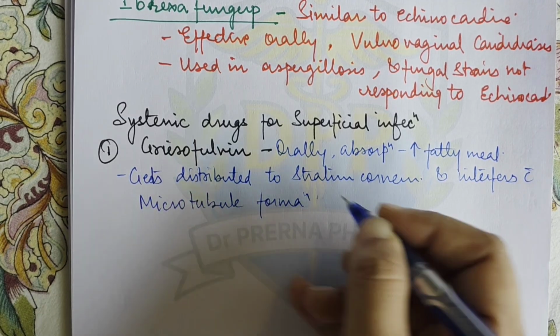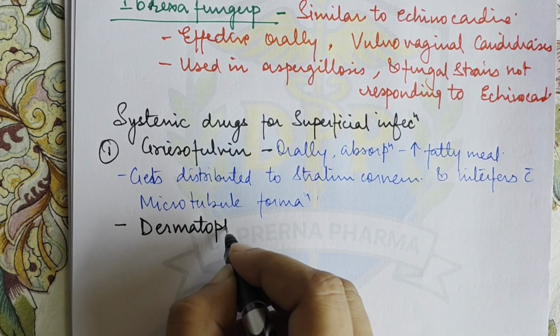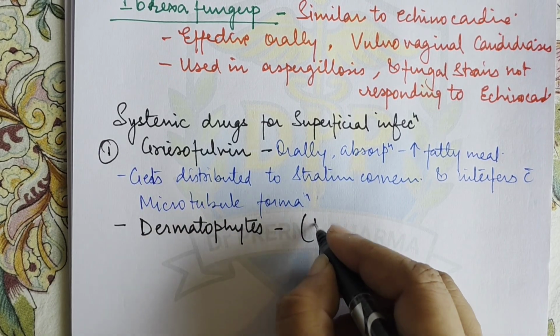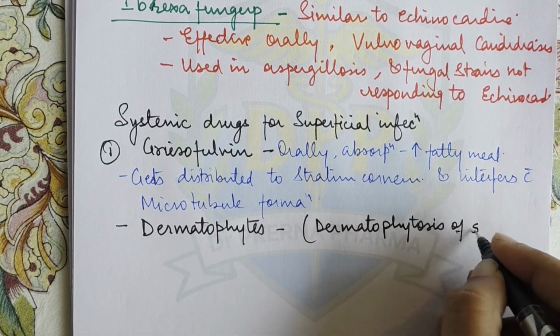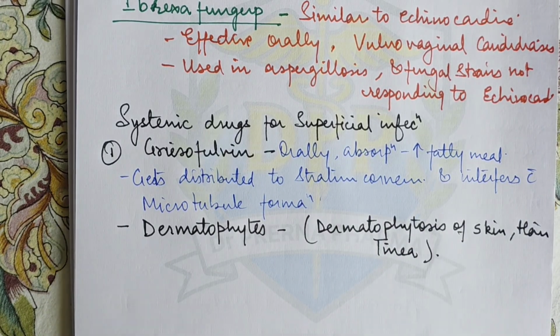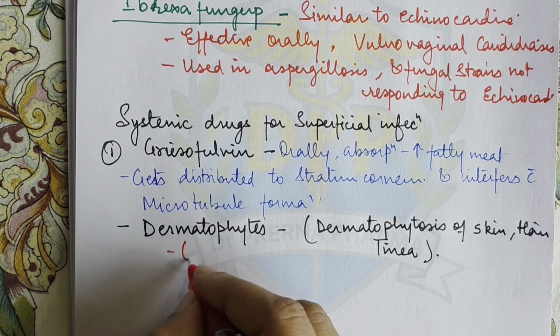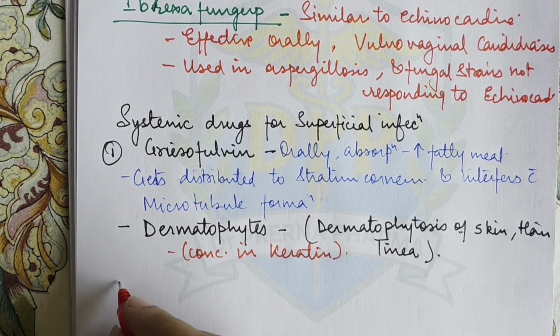So formation of spindles is inhibited. The main fungi it acts against are dermatophytes. So it is used in dermatophytosis of skin and hair. That is also called tinea infections. Okay. Because it gets concentrated in keratin, right?